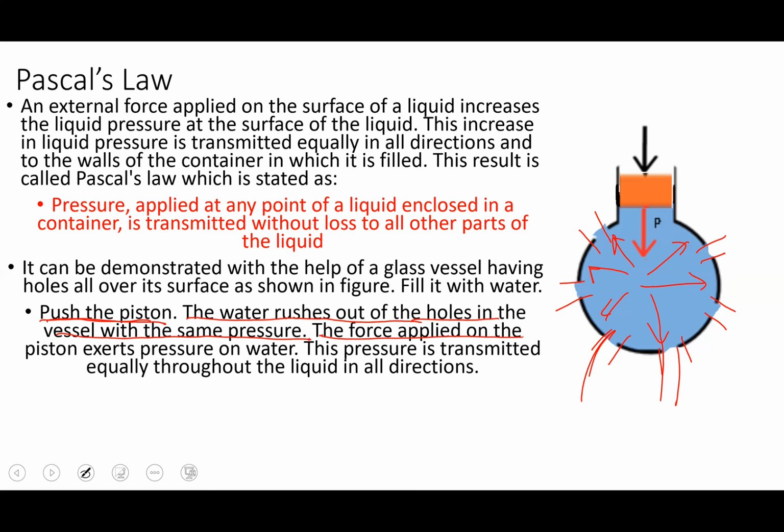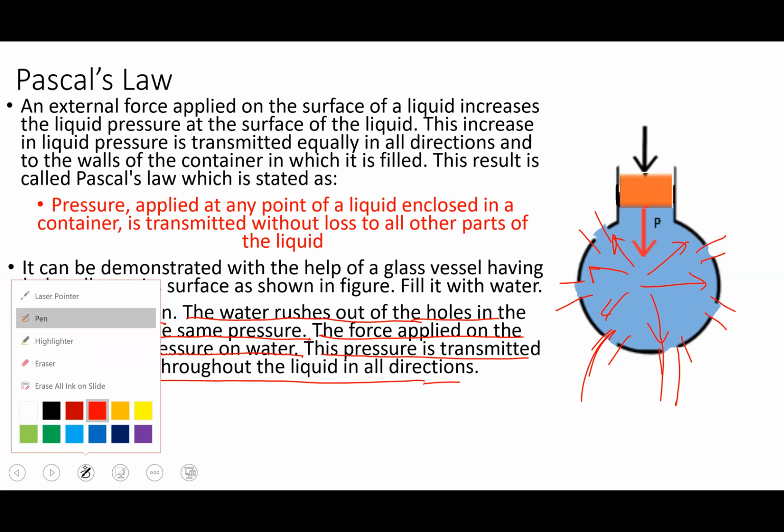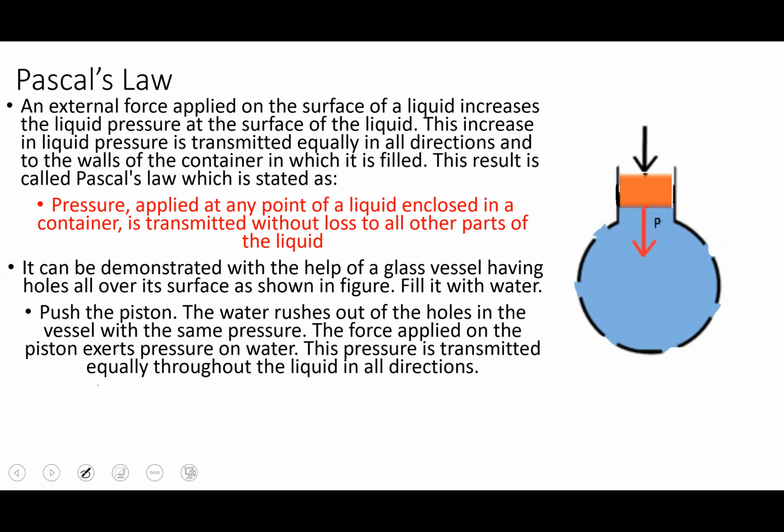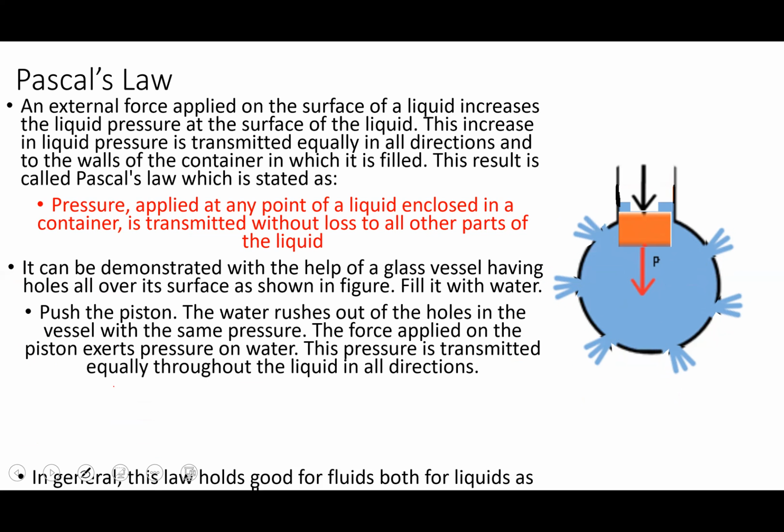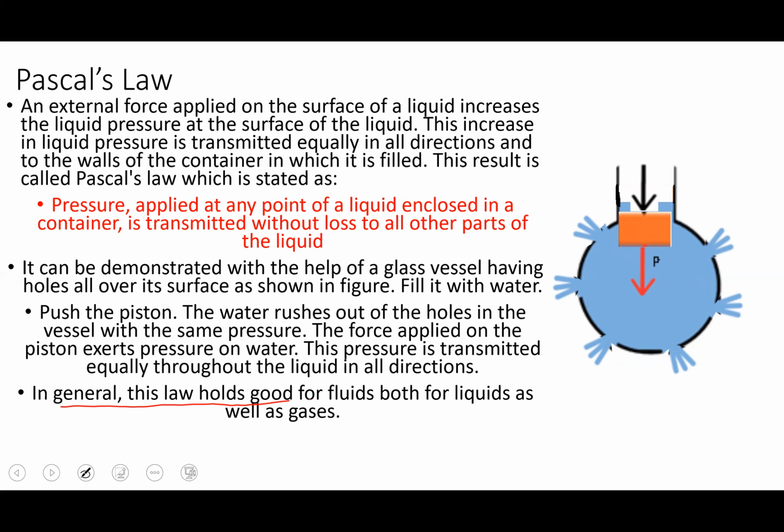The force applied on the piston exerts pressure on the water. This pressure is transmitted equally throughout the liquid in all directions. That means in this case, when the piston is pushed like this, the water comes out from all directions equally, just like this. In general, this law holds good for fluids, both for liquids as well as for gases.